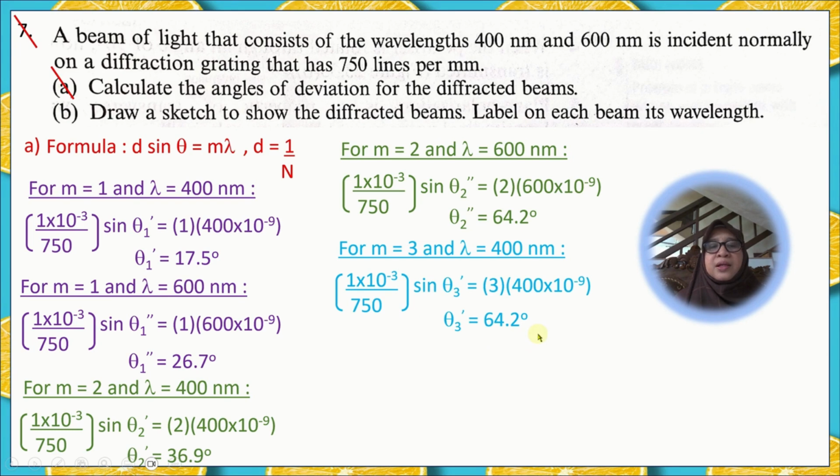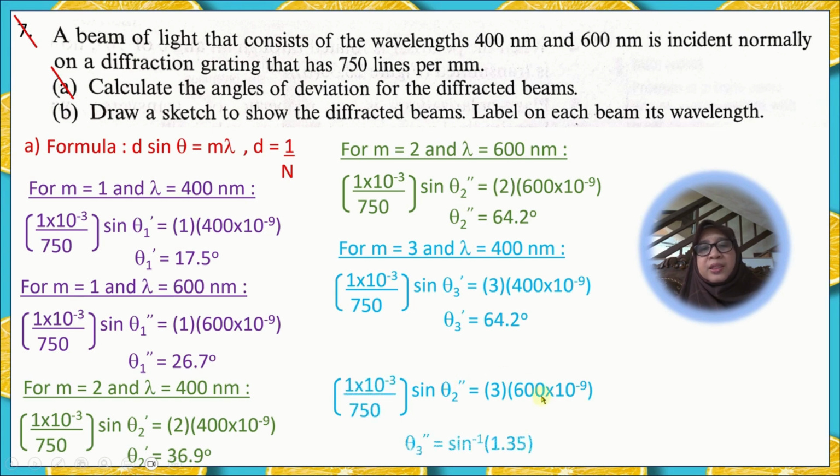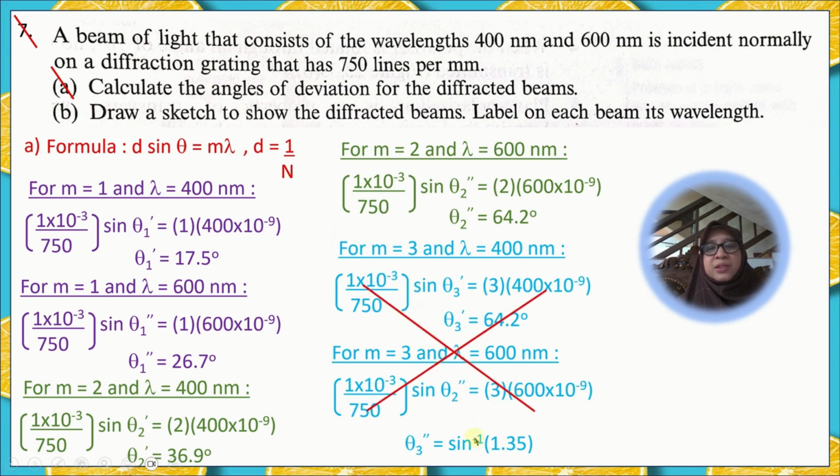So still the beams can be diffracted and reach the screen, because 64.2 degrees. So we try for m3 with lambda 600 nanometer. For this one, m3 lambda 600 nanometer, we get an angle larger than 90 degrees, so this one is not logical. So order 3 for lambda 600 nanometer is not possible.